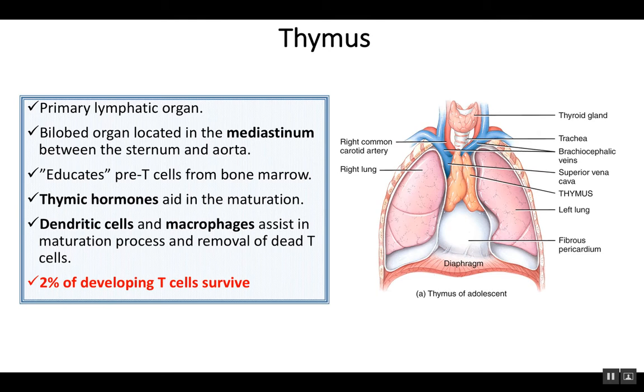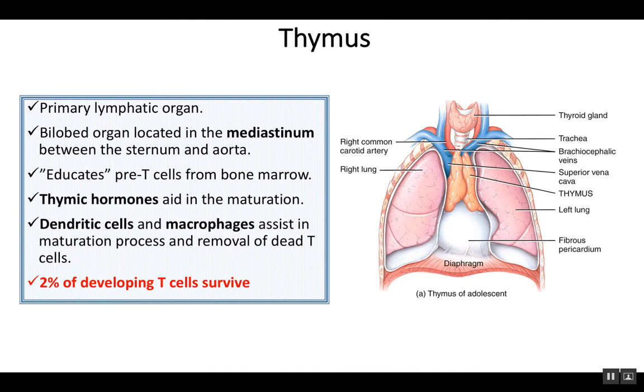T cells that can't pass the T cell test have to be destroyed and removed. So there's dendritic cells and macrophages that remove T cells that don't make the cut. Really, most suggest that only about 2% of the T cells survive the thymus.